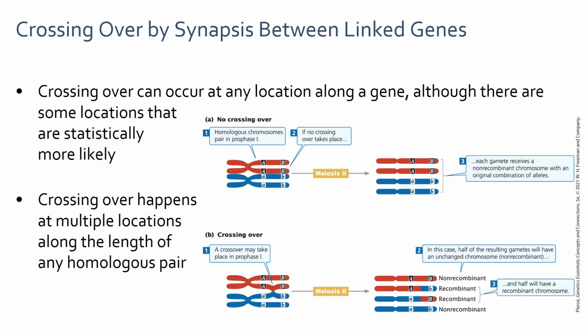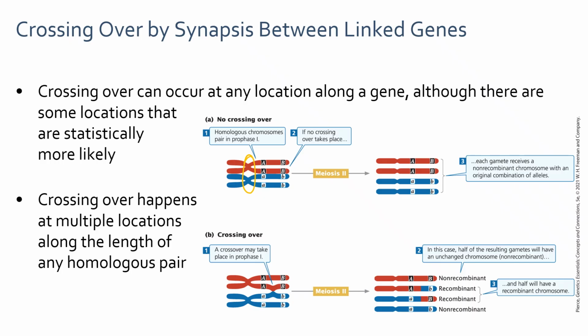So crossing over can happen anywhere along a chromosome, although there are some places that are much more likely. So for example, the closer that we get to the centromere, the more tightly compact our DNA is. And when we have super compact DNA, we have less chance of recombination happening.